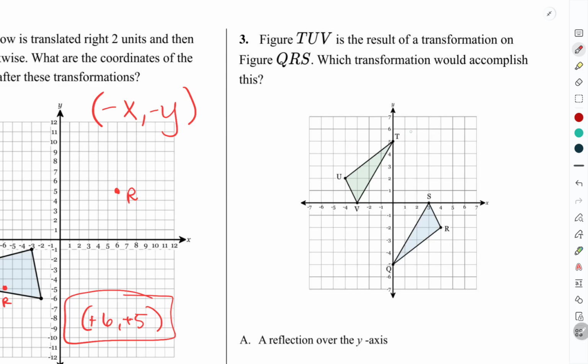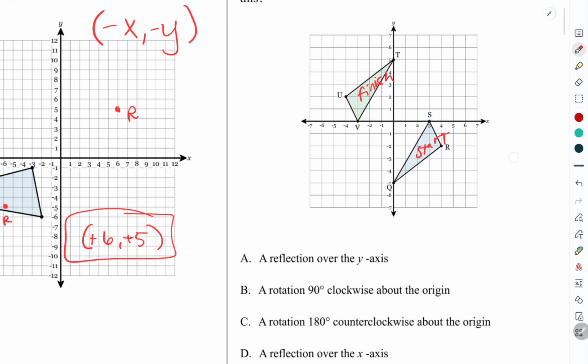Figure TUV is the result of a transformation on QRS. So this one is my start. This is my finish. I noticed that, first of all, they don't look like they've been flipped over or anything.